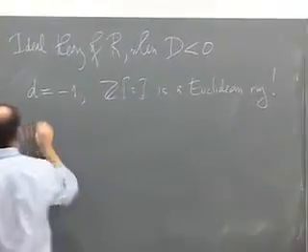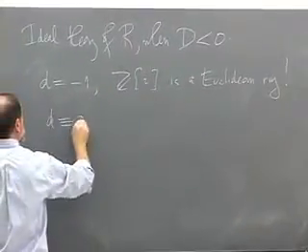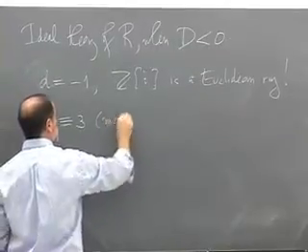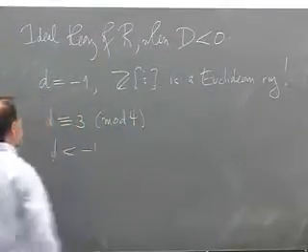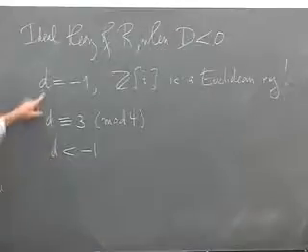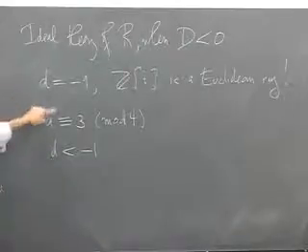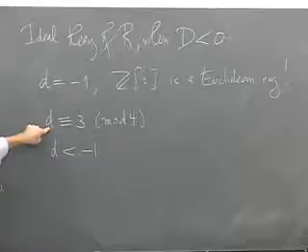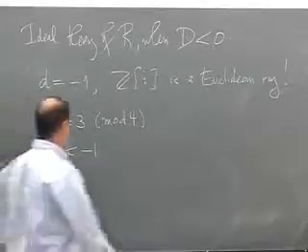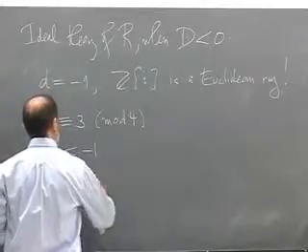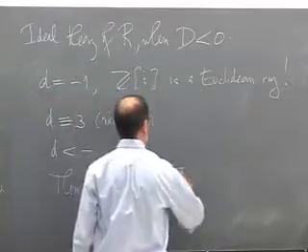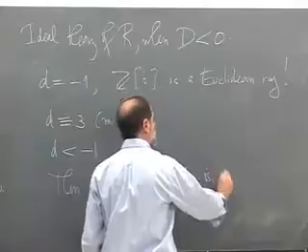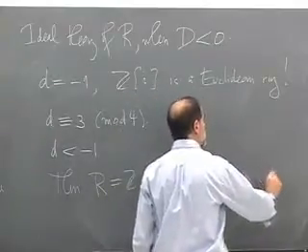However, I claim that if D is 3 mod 4 and D is less than minus 1, namely for all the other cases which are negative, where D is congruent to 3 mod 4, I claim then R, which is Z plus Z root D, is not a unique factorization domain.